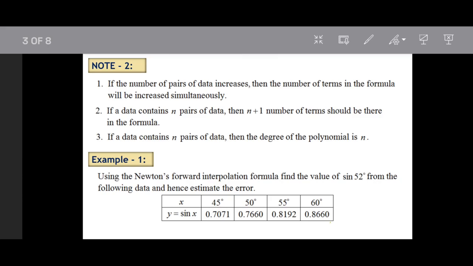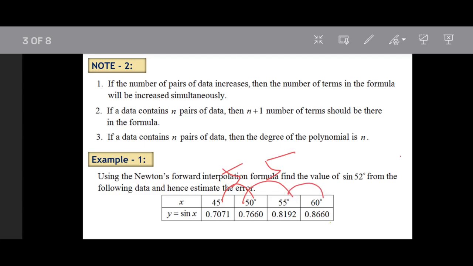Now, before applying the formula, let us check whether Newton's forward method can be used. Observe the x values carefully. The interval between consecutive x values: 50 degrees minus 45 equals 5 degrees. Then 55 minus 50 equals 5 degrees.